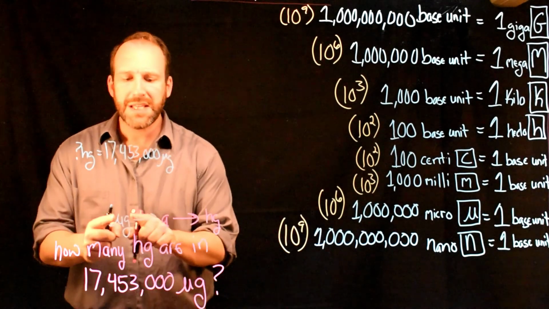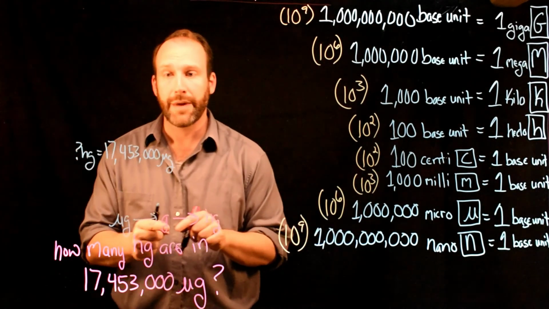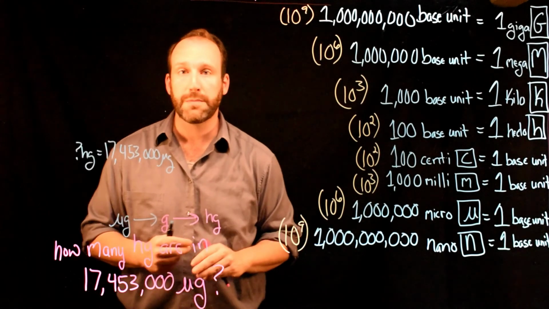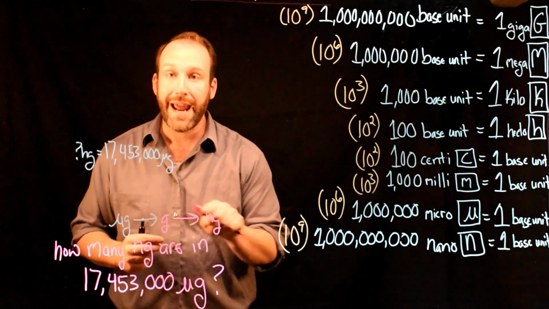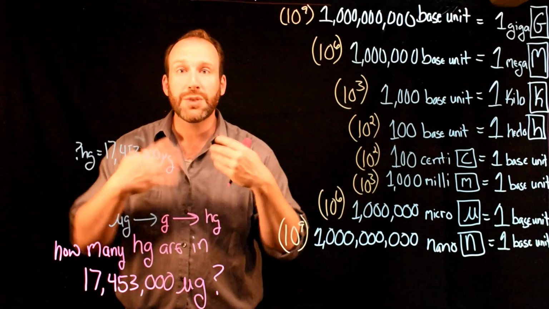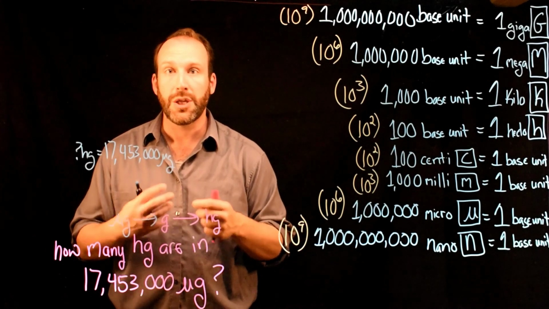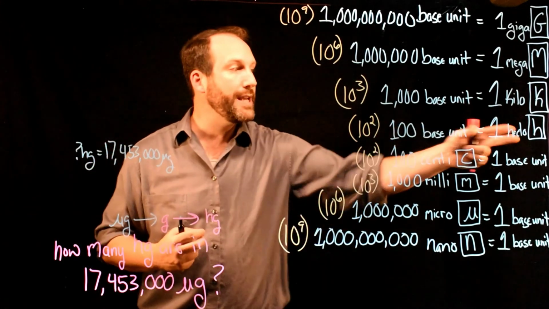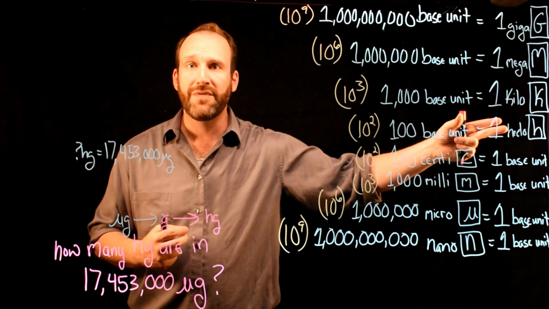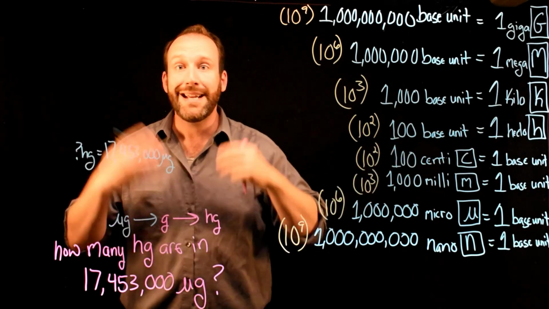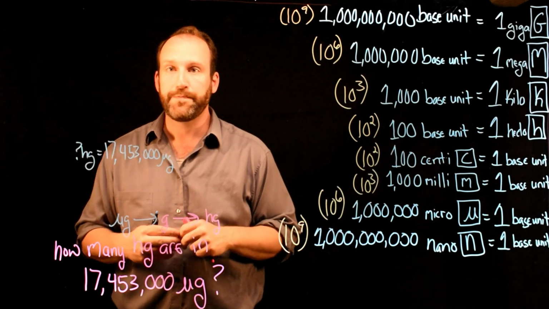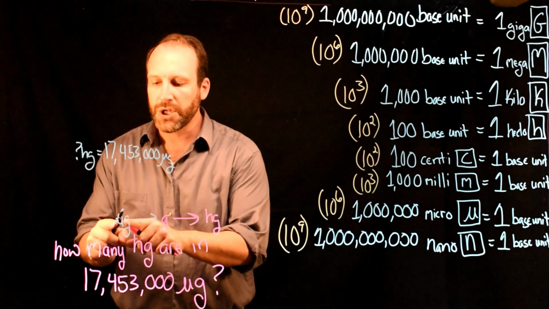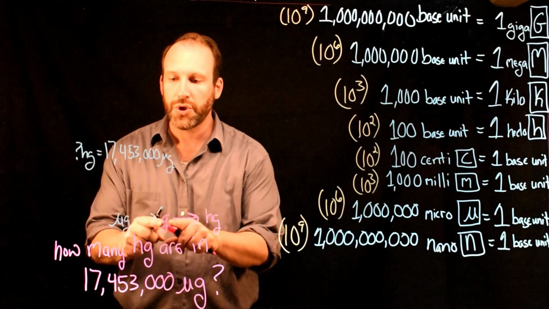So this is going to be our path. This is our plan for how to solve this problem. Each one of these arrows represents one of those conversion factors that we used earlier, where we take one of these relationships, one of these equalities, and turn it into a fraction. So our first step is to go from micrograms to grams.